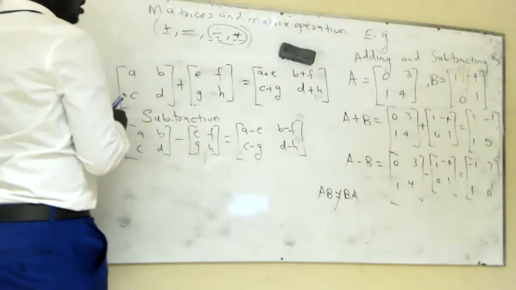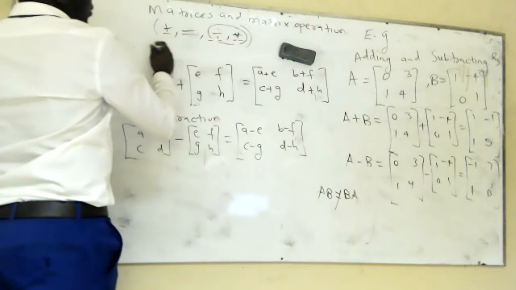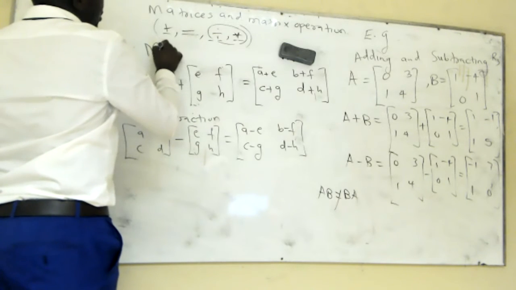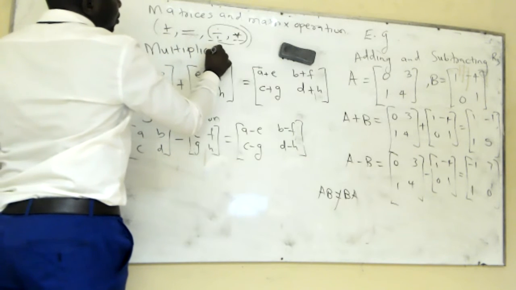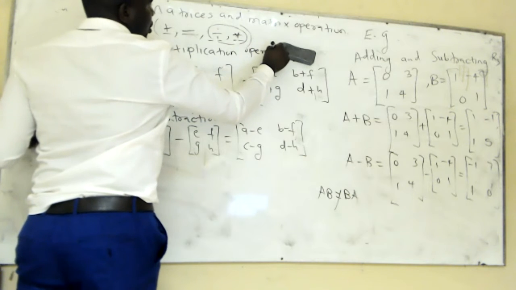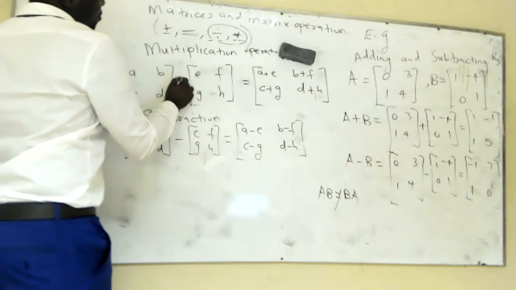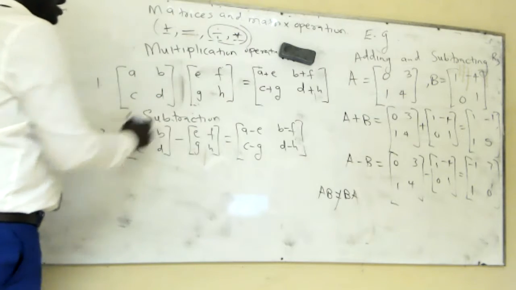So the first one, we will start with the multiplication. The division is the worst one. So let's start with the multiplication. Multiplication operation. With this one, we have a multiplication sign, of which we are not even required to write it.